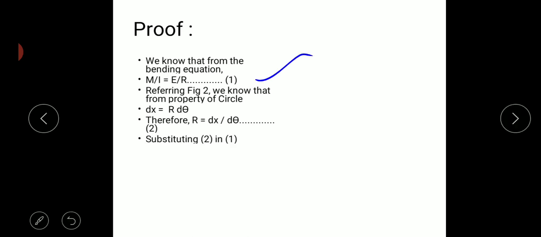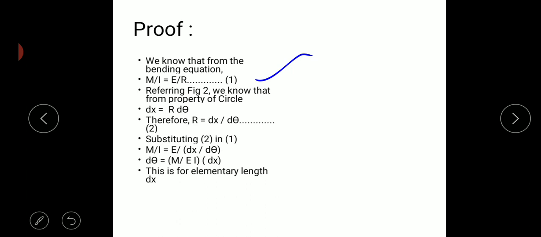Substituting in the equation, M by I is equal to E by dx by d theta. Arranging this, d theta is equal to M by EI into dx. So this is the slope for the elementary length.